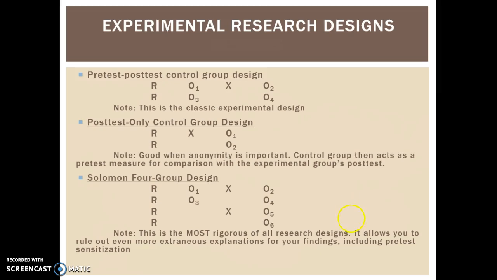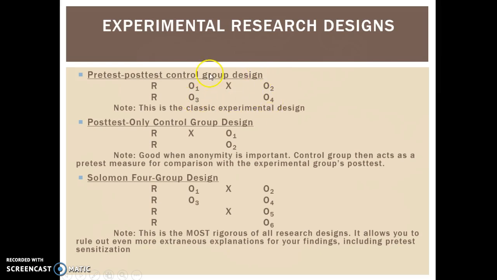So the 3 examples of experimental research designs that I've provided here are the most common ones that you would hear of. The absolute most common one you would hear of is this first one, the pre-test, post-test control group design. So it looks very similar to one of the quasi-experimental research designs that we saw, in the sense that you have a pre-test, the intervention, a post-test, and then you have a control group that also has a pre-test, then no intervention, and then a post-test.